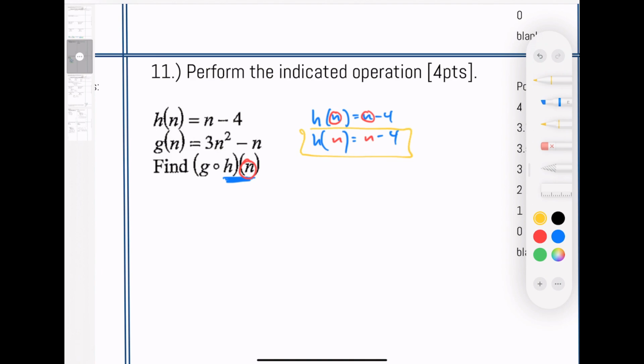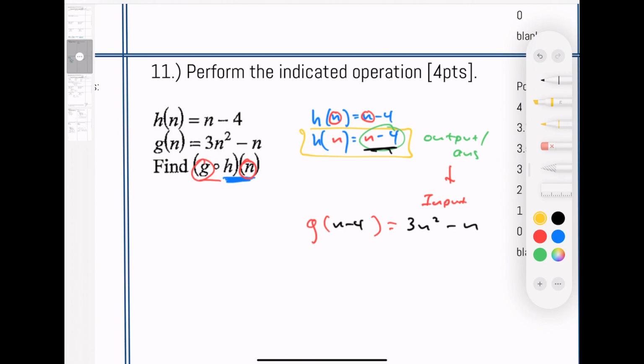Now we're going to take this output, like the answer, and this is now going to become my input into g. So really, we're trying to find g of n minus 4. I'm going to just write the g here. And that means every time I see n, I'm not going to write n anymore. We're writing n minus 4.